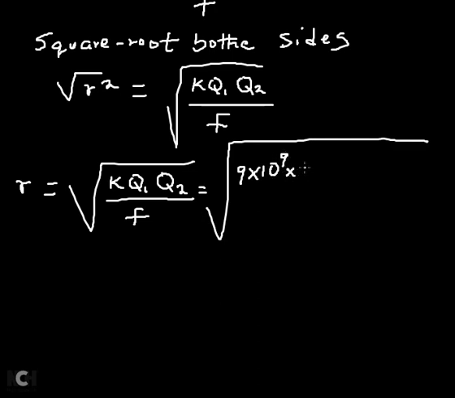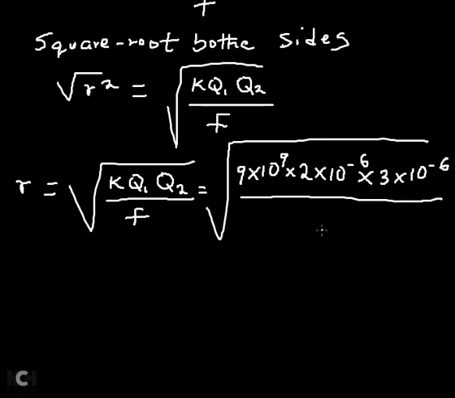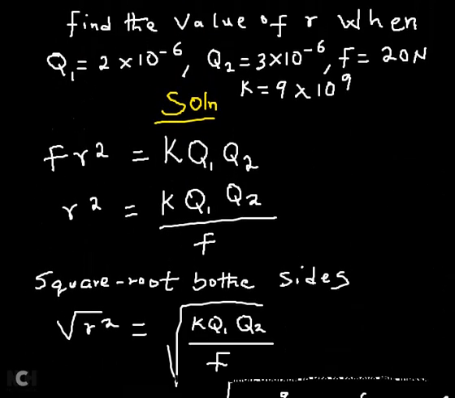Q1 is 2 times 10 raised to the power of minus 6. Q2 is 3 times 10 raised to the power of minus 6, all divided by the force, which is 20 Newton.